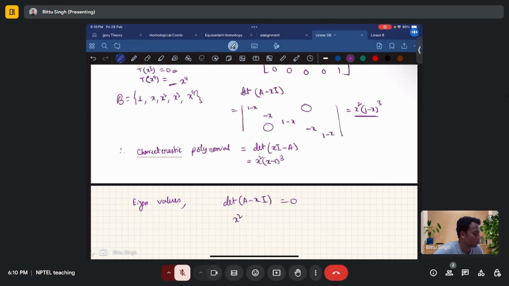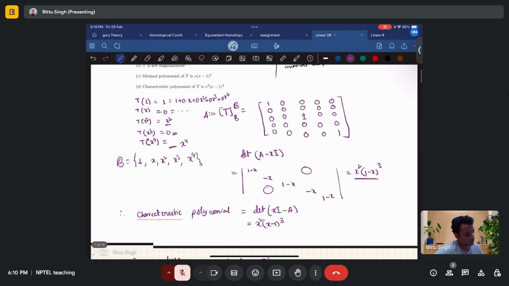This implies x squared into 1 minus x whole cube equal to 0. So that means x is either 0 or 1. So 0 will occur twice and 1 will occur thrice: 0, 0, 1, 1, 1. So those are the eigenvalues.